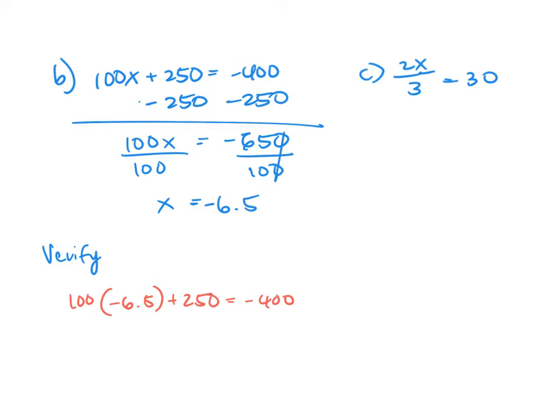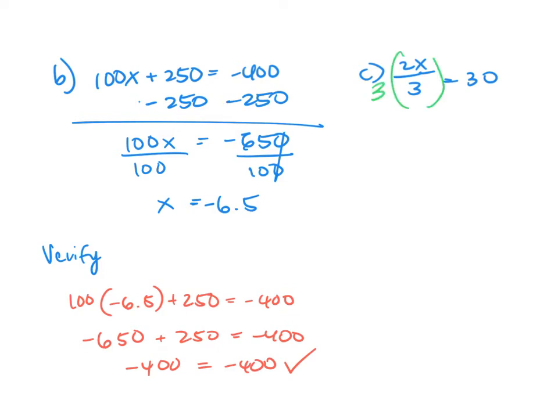So then this is negative 650 plus 250 equals negative 400. Negative 400 equals negative 400. Check.